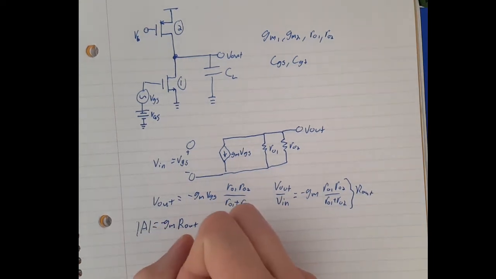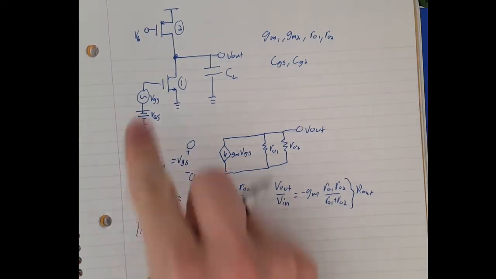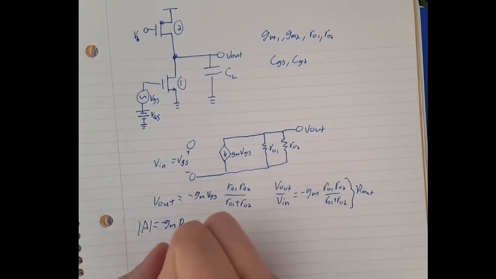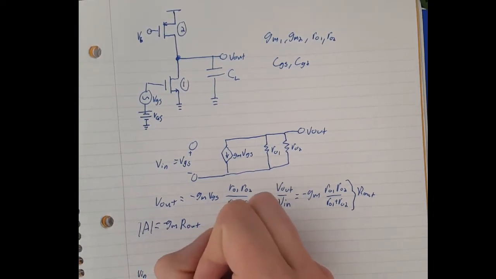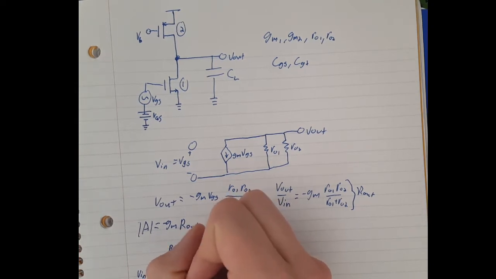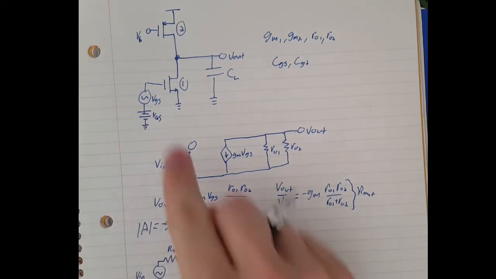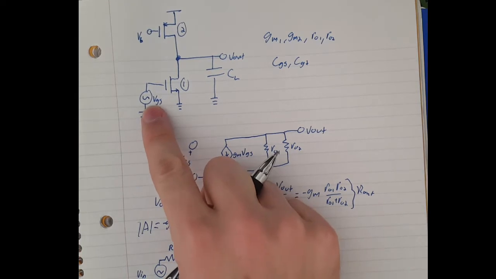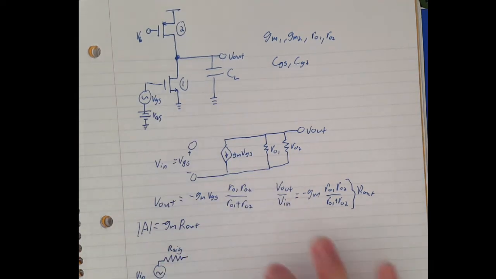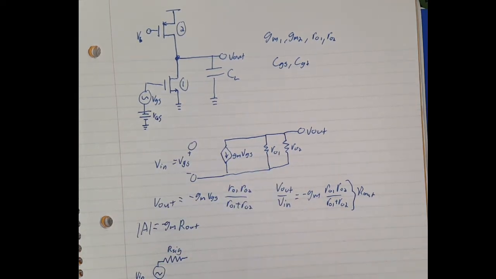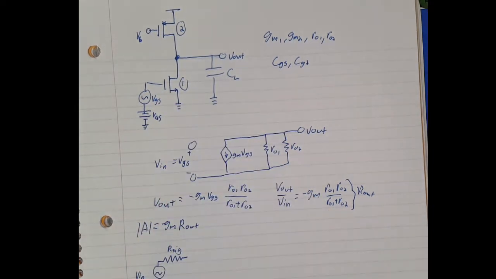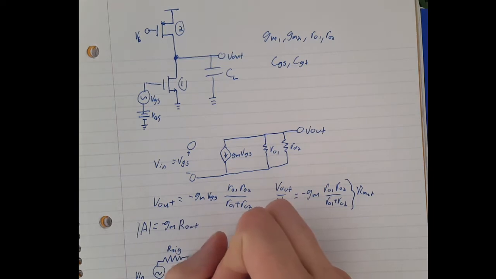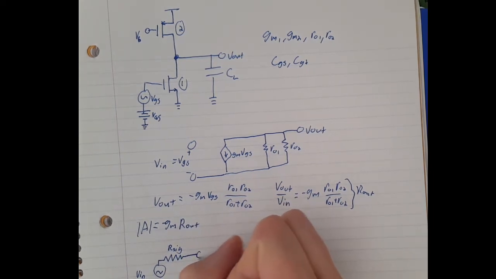We're going to have this VGS over here, we'll call this Vin. And this is going to have some small resistance R sig. This is just built into this generator. There's always a little bit of resistance between the voltage and the node that's hooked up to.